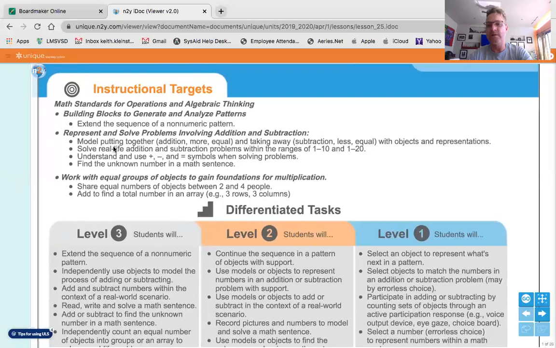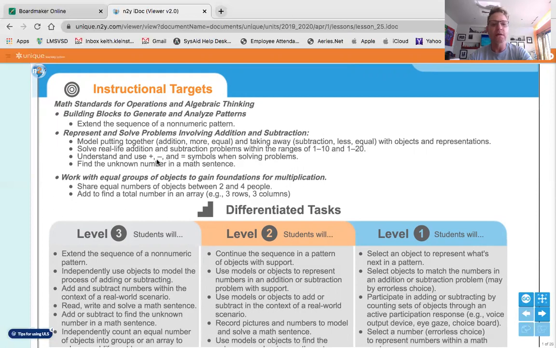These are not so much to be read to your child, but so you know what we're doing in this lesson. Model putting together, addition, more, equal, taking away, subtraction, less, equal, with objects and representations. Solve real life addition and subtraction problems within the ranges of 1 through 10 and 1 through 20.